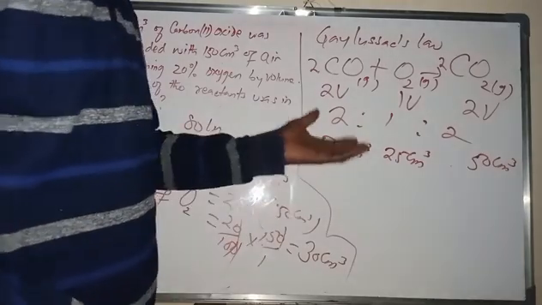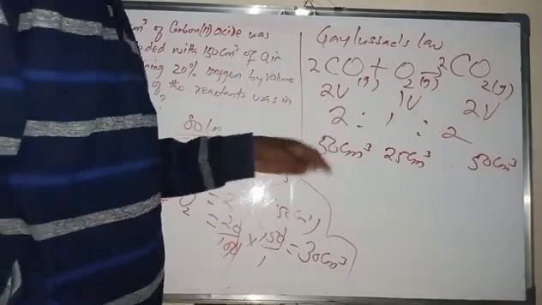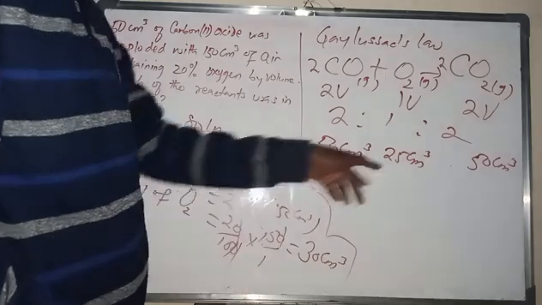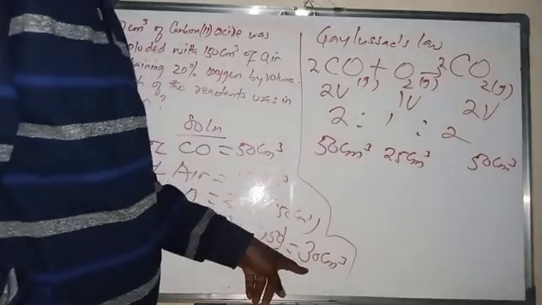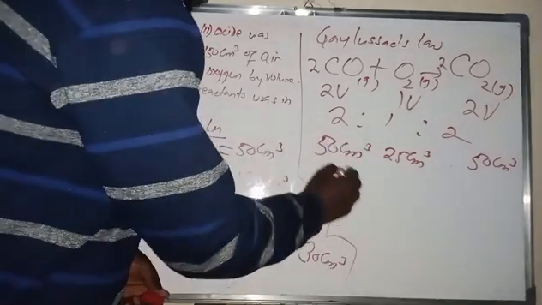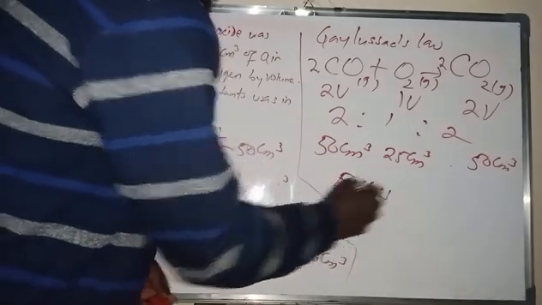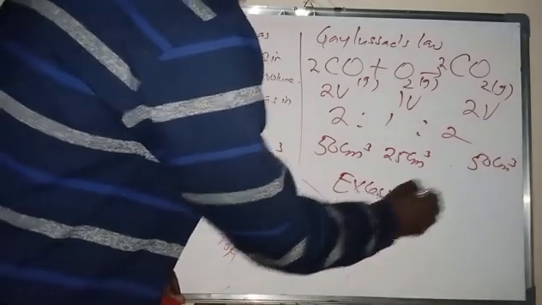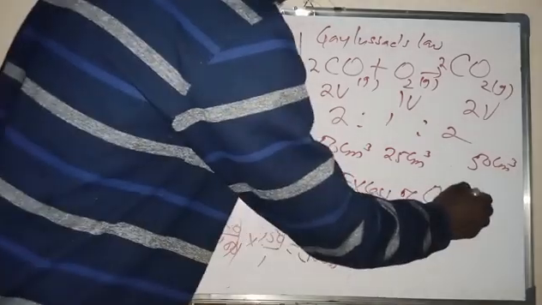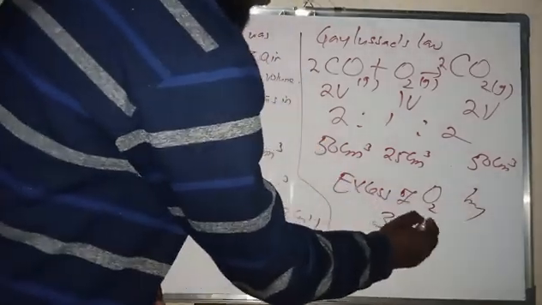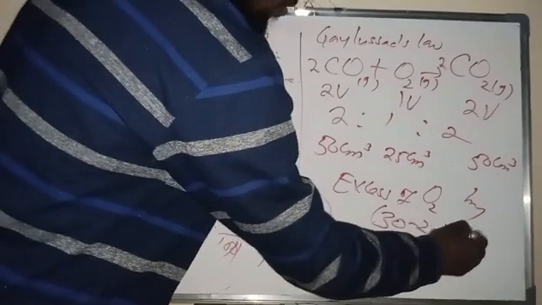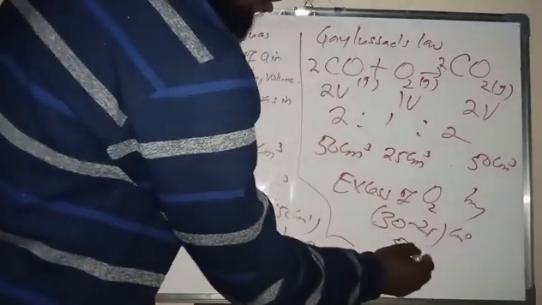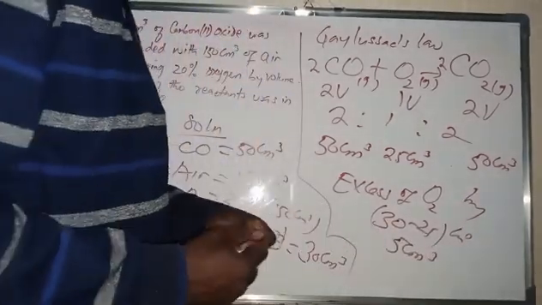So it is obvious that what is in excess is oxygen, because what is required is 25 but what is present is 30. The excess reactant is oxygen, by 30 minus 25, which is 5 cm³.